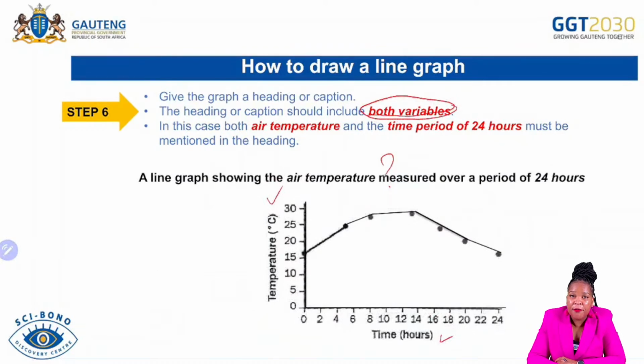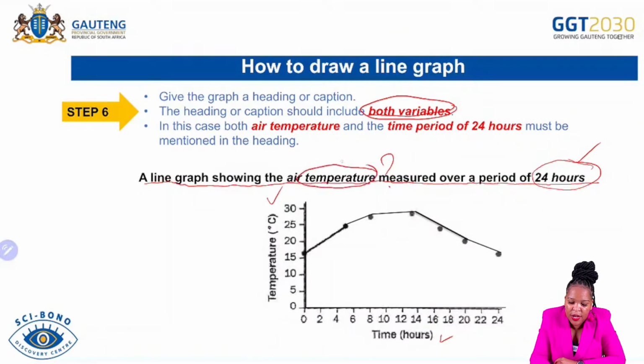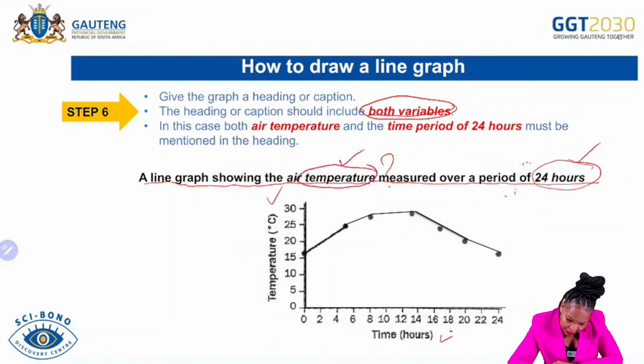So here we have a caption. It says a line graph showing the air temperature measured over a period of 24 hours. Where are your variables? Here is your first one, which is your 24 hours, and your second one here, temperature. So both variables are represented in your caption. Please make sure that your caption has both the variables.